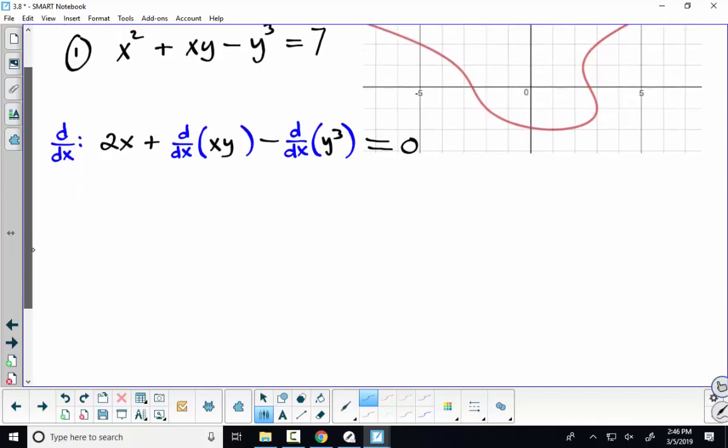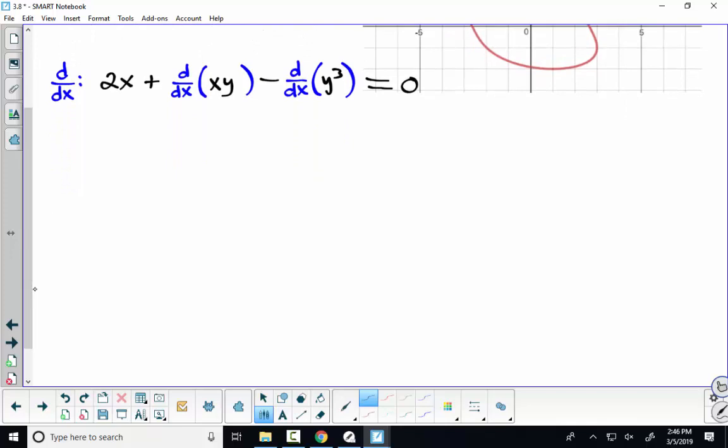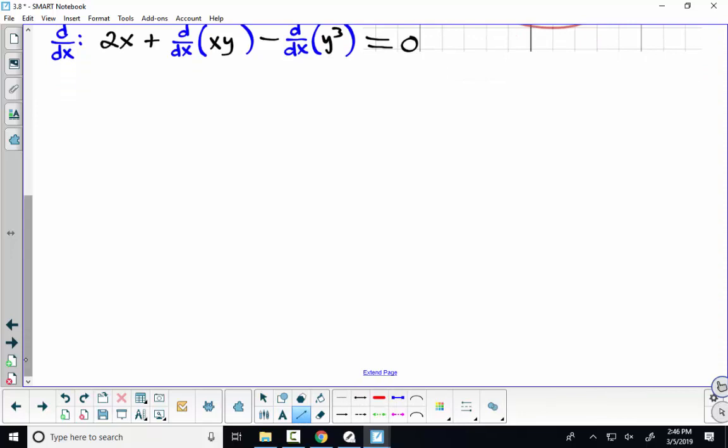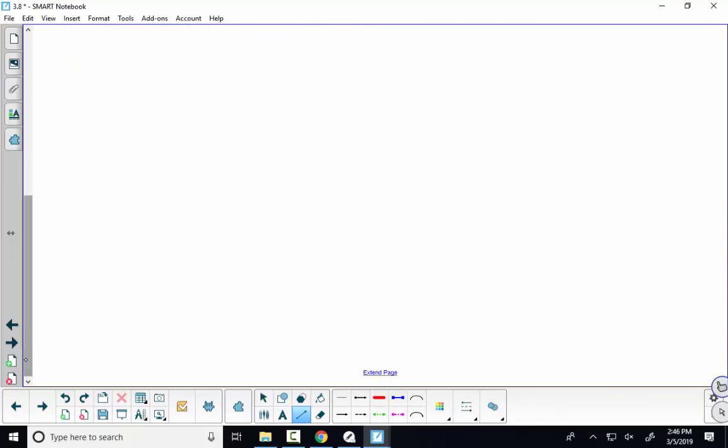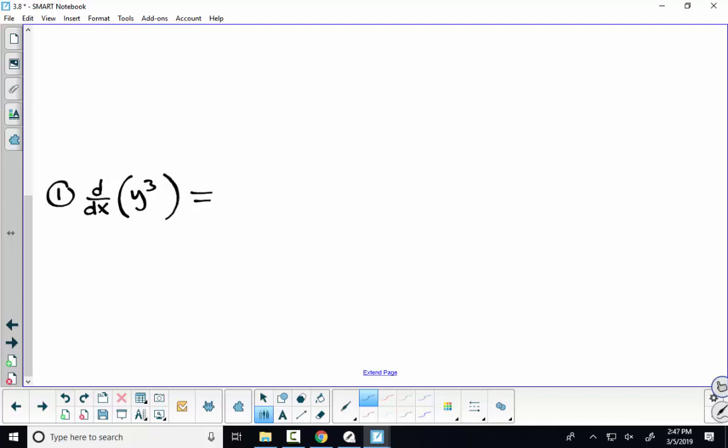How do we take the derivative of x times y? You have to do a product rule, because it's a product of 2 functions of x. So let me give us some space here and find those derivatives individually. The derivative of y cubed is 3 times y squared times y prime.